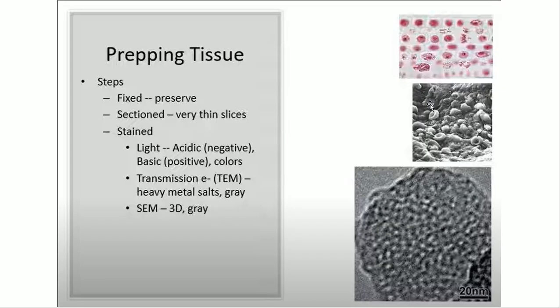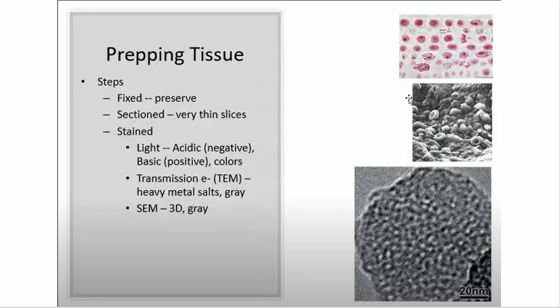The second one is a TEM, a transmission electron microscope, and it is super expensive. This image shows the outside of the cell. They use heavy metal salts to get this gray image of the outside. The cell looks pretty neat, right?